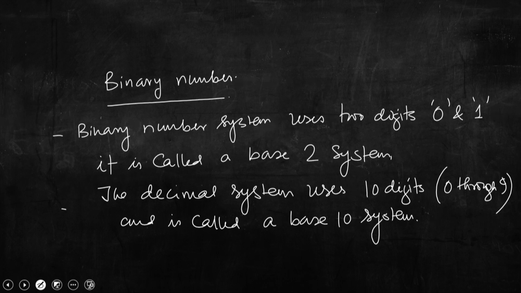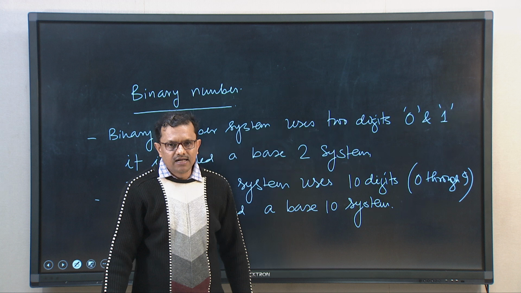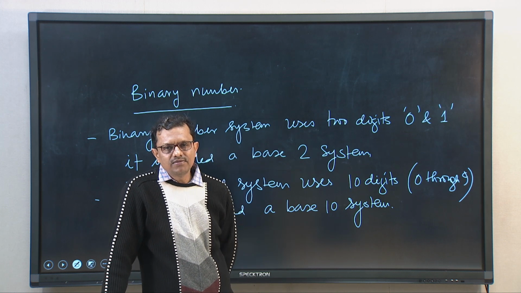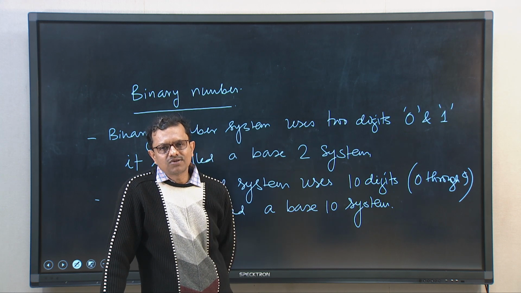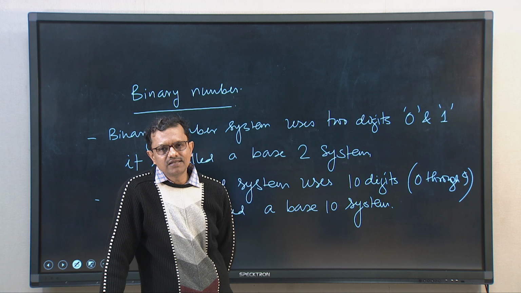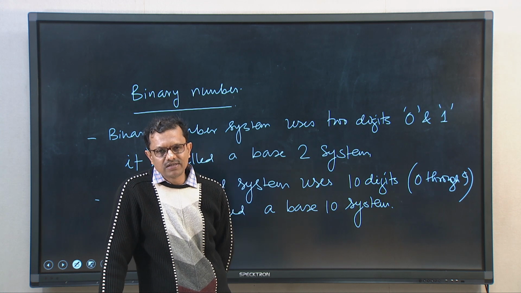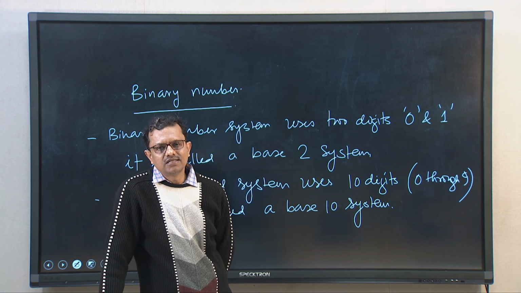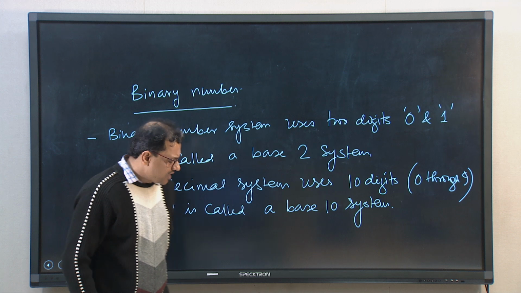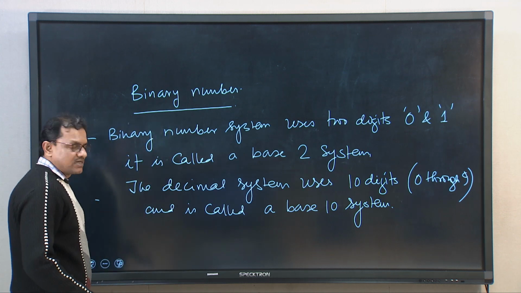So, basically what we can see is that the binary number system uses 2 digits 0 and 1 and is called a base 2 system, and the decimal number system uses 0 through 9 and is called a base 10 system. So, we can take an example to discuss this part.